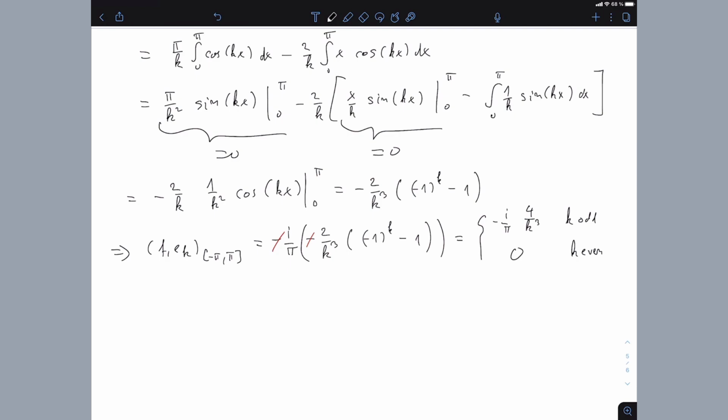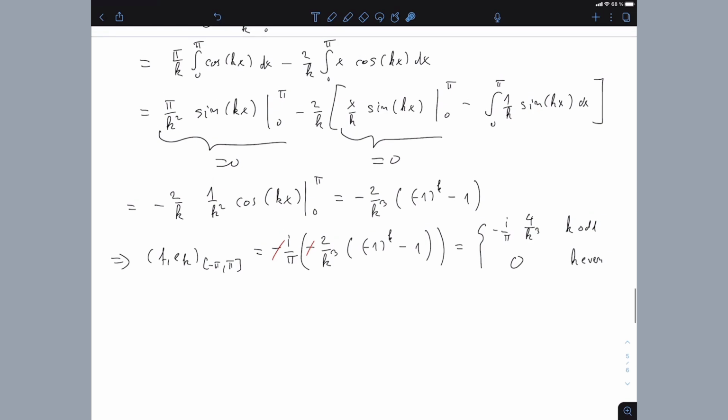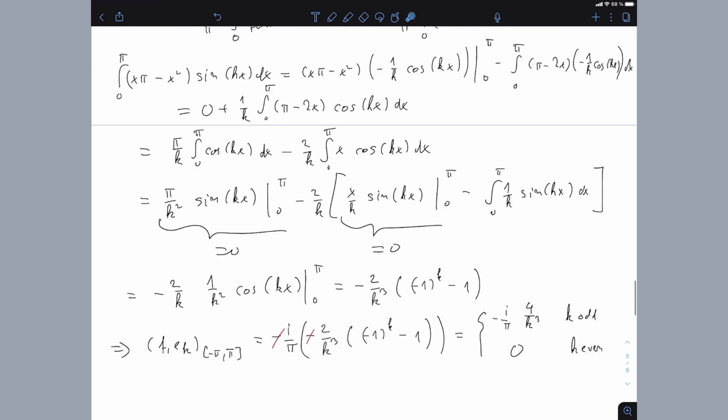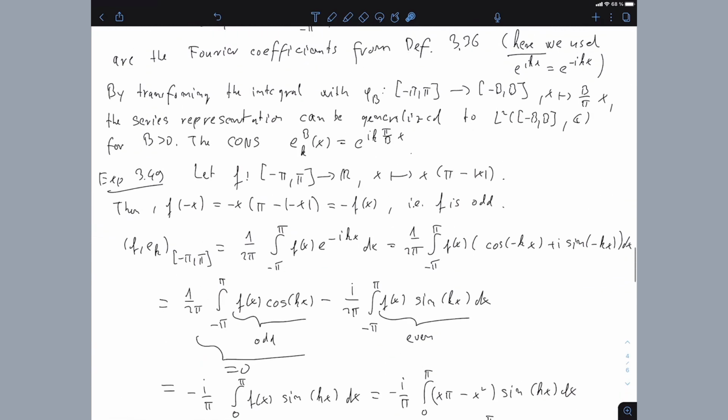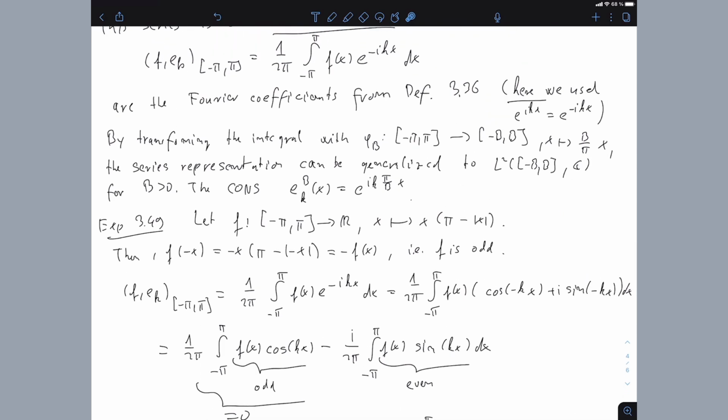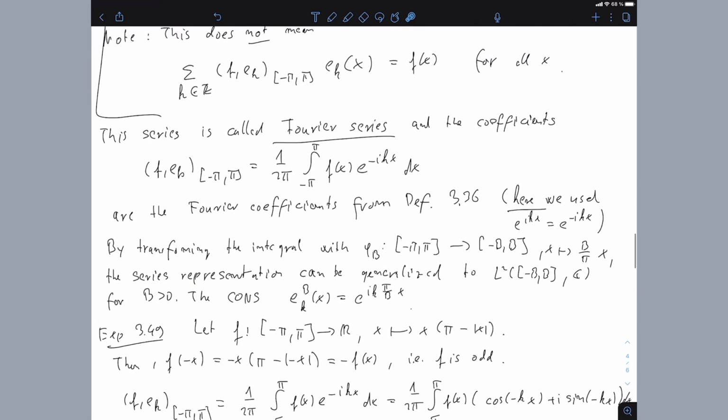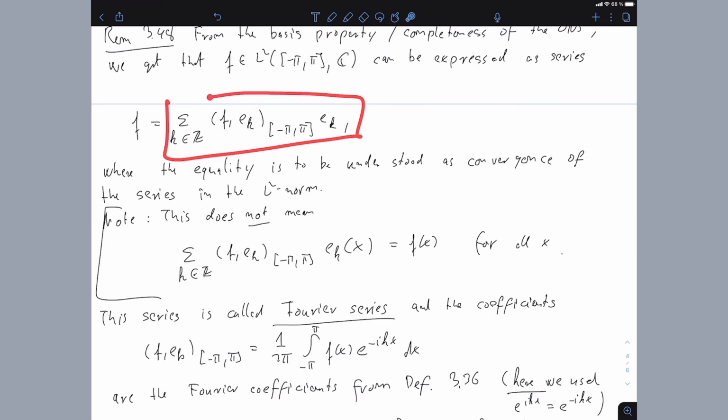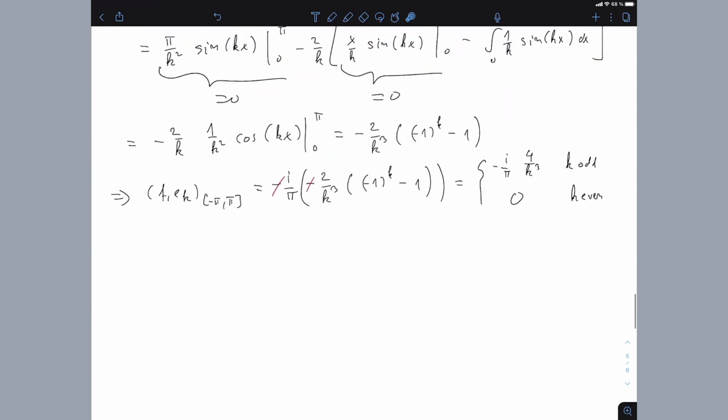So we have computed all the Fourier coefficients, and we can now represent this continuous function, which looks roughly like this, as a sum over Fourier coefficients like here. And it turned out we only need half of these coefficients, only the odd ones, not the even ones.